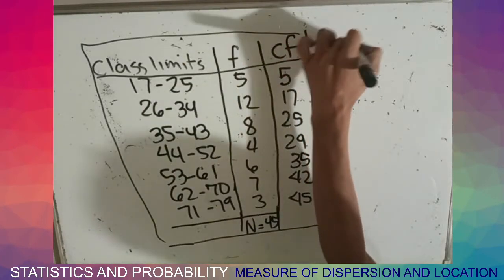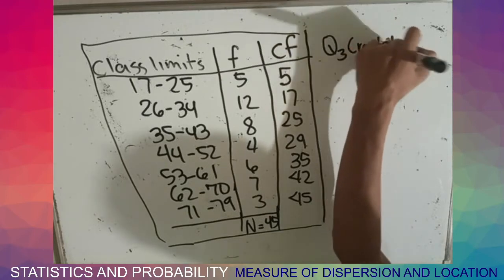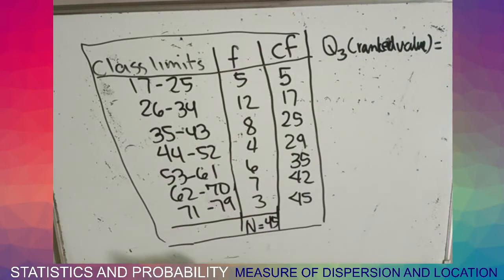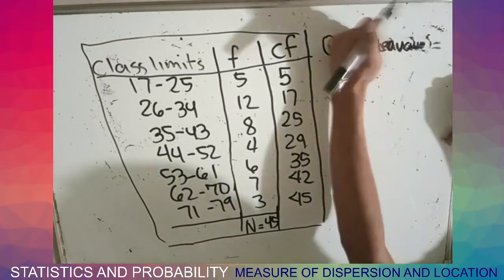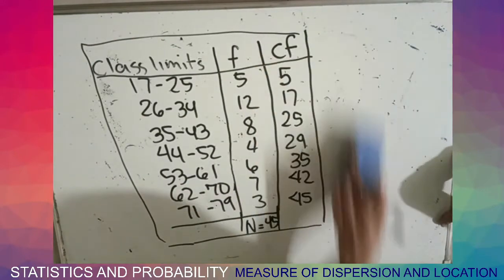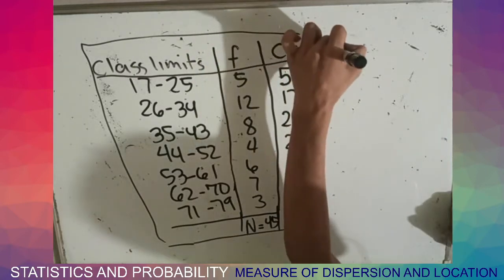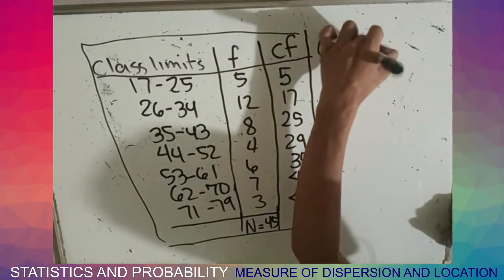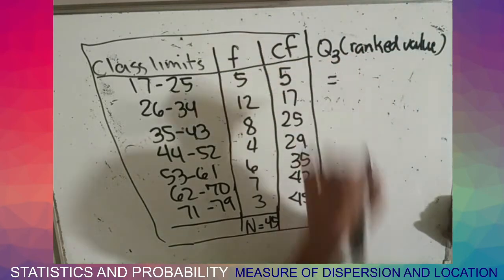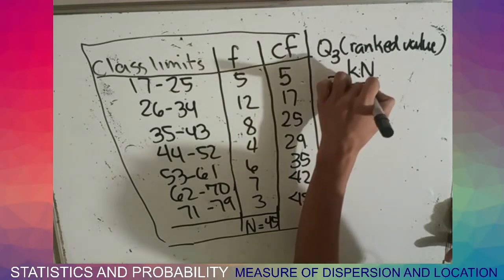So, si Q3, rank value, equals K n over 4.